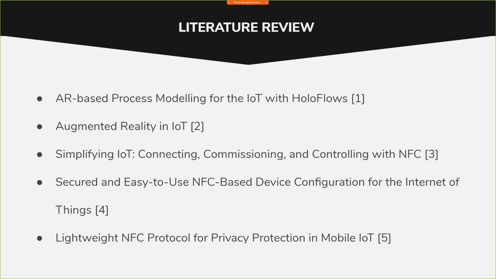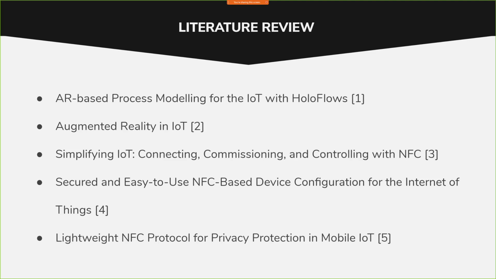The second paper presents an AR application that can show information about a device. It requires a middleware that is placed over the operating system. The third paper talks about challenges faced while using IoT devices and how NFC technology can help solve these challenges. The fourth paper that was reviewed presented a secure and easy-to-use method to configure IoT devices using NFC.